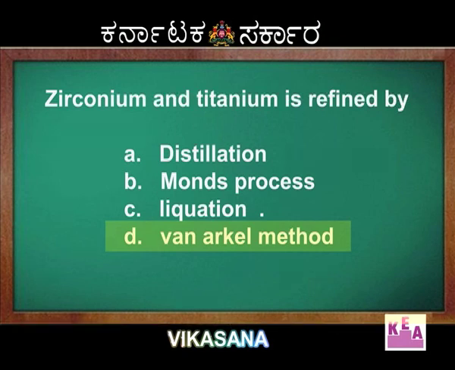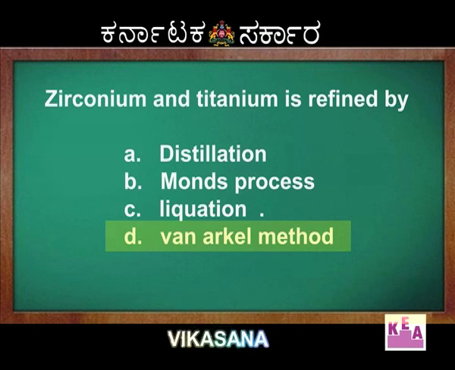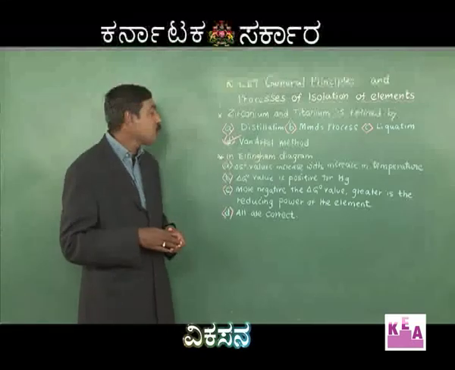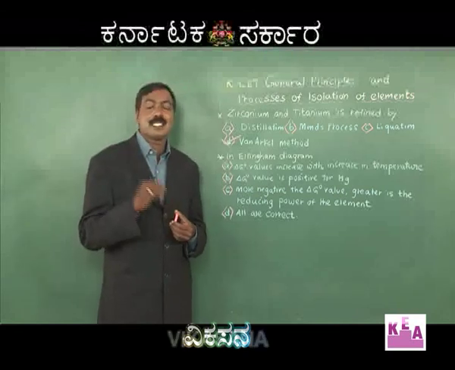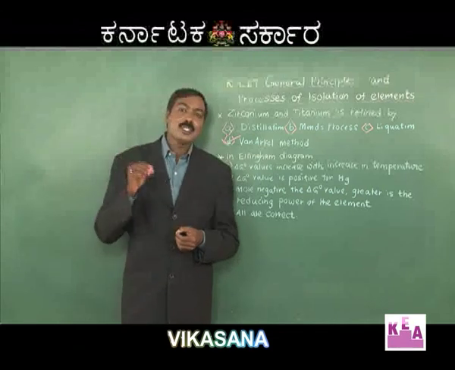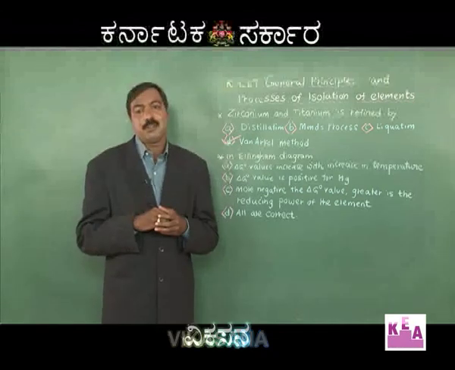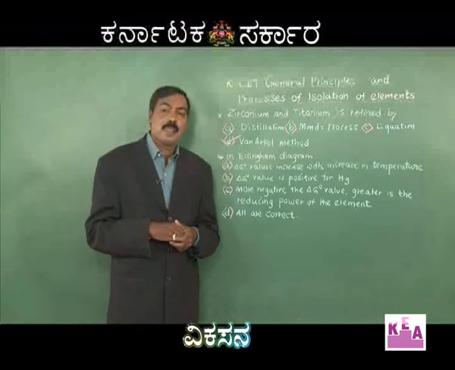We have discussed a couple of questions on concentration, reduction and refining. Let's move on to another topic, Ellingham's diagram. Let's discuss in detail about Ellingham's diagram. Ellingham's diagram is a graph of standard free energy change versus temperature.